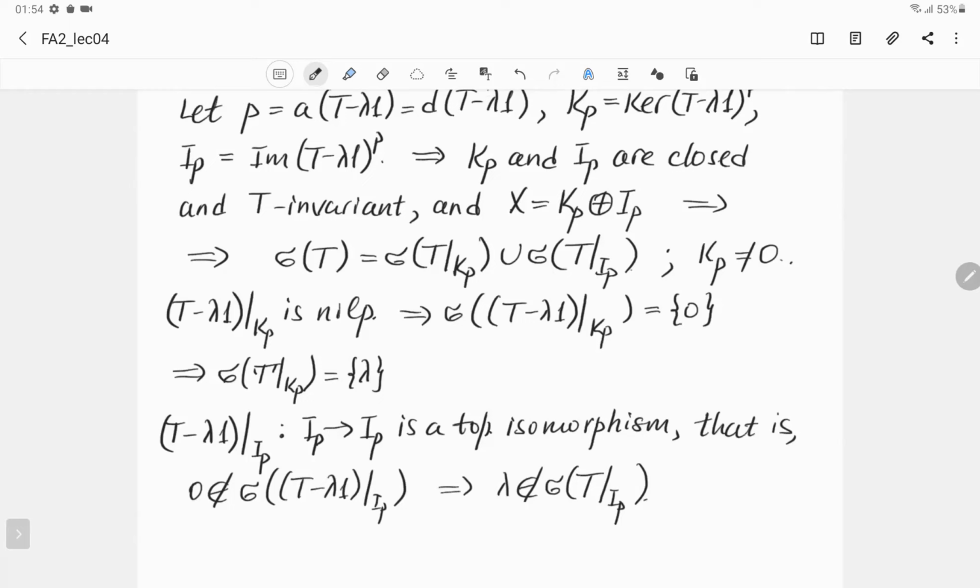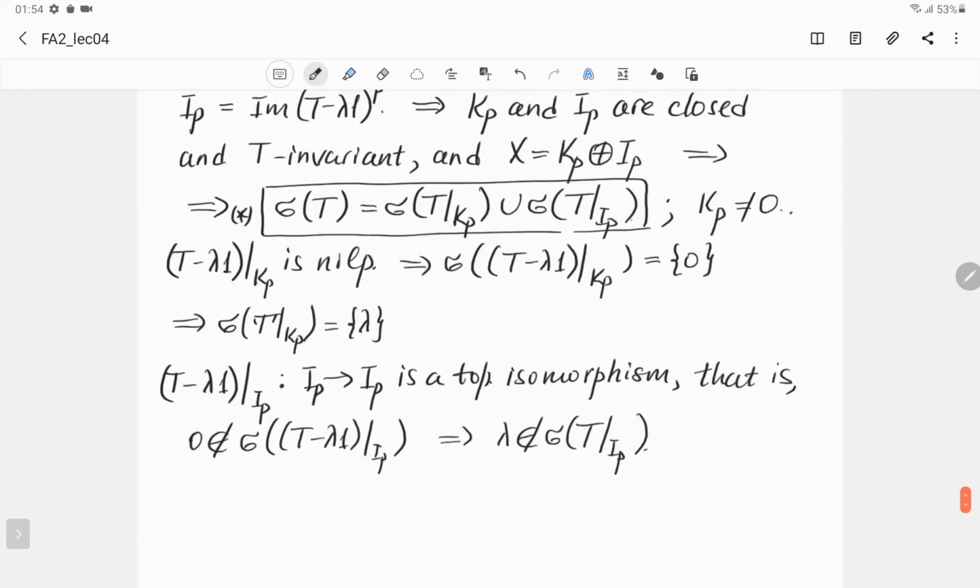Now, if we denote this equality, say star, then this equality takes the following form. The spectrum of T equals lambda, and now we have the disjoint union of lambda and the spectrum of T restricted to Ip.